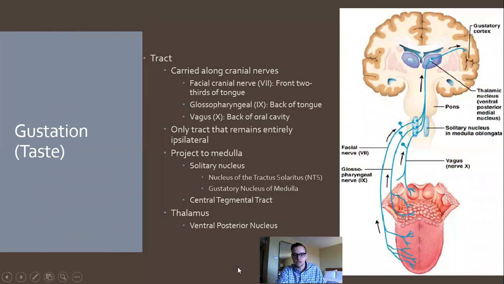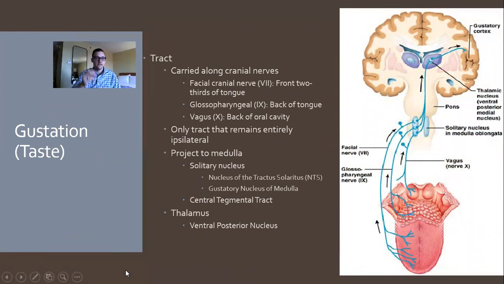Now, what happens once the gustatory information is transduced at the receptors? Well, it then gets carried from the tongue up to the brain, but it gets carried through three different tracts. So the front two-thirds of your tongue gets routed to your brain through the facial nerve, or cranial nerve 7.